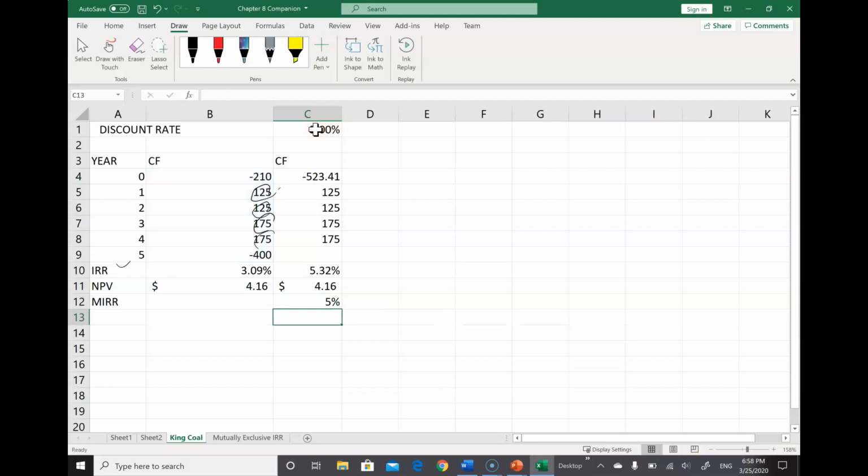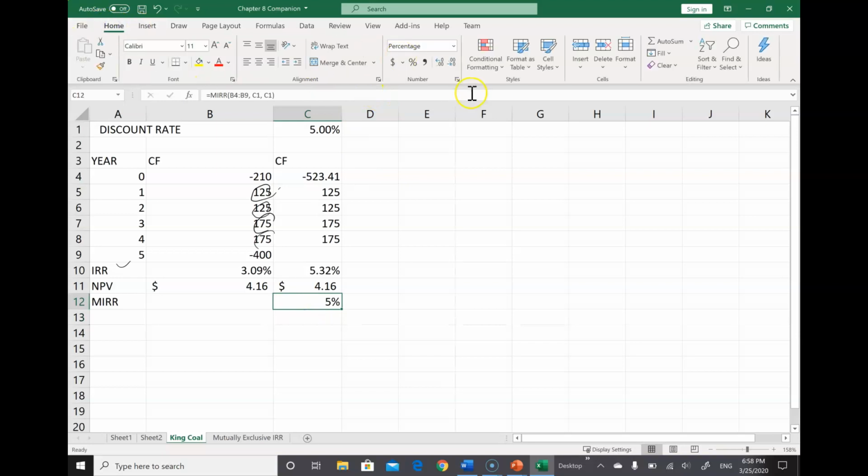Then you will see that this is very similar to the rate that we just calculated. Okay, so that's where the concept of modified internal rate of return comes in. If you want to learn more about it, please take a look at the handout on the modified internal rate of return that is available on Moodle.